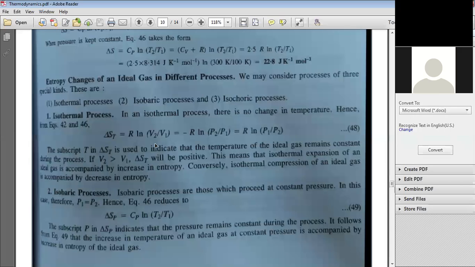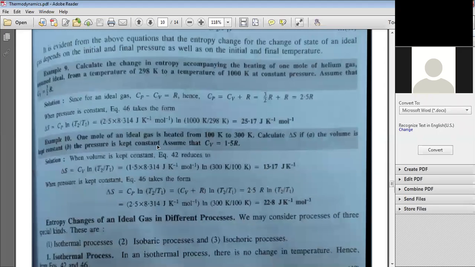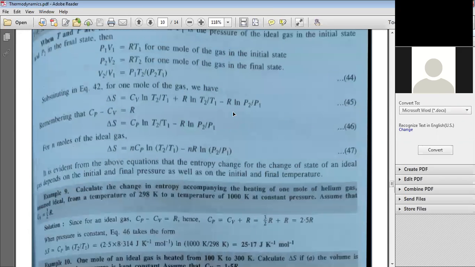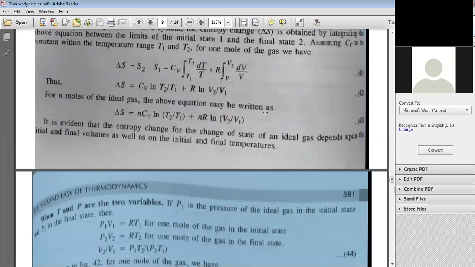That is, from equation number 47 and one other equation. If we are talking of an isobaric process, for which there is no change in pressure, P1 and P2 remain the same, the expression for delta S at constant pressure will be equal to Cp ln T2 by T1. So you have to remember these relationships, equation number 47 and equation number 43.